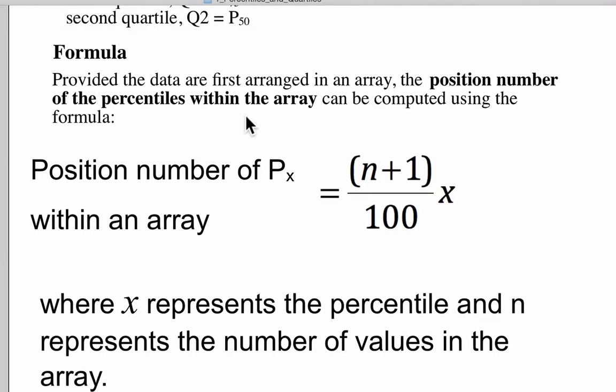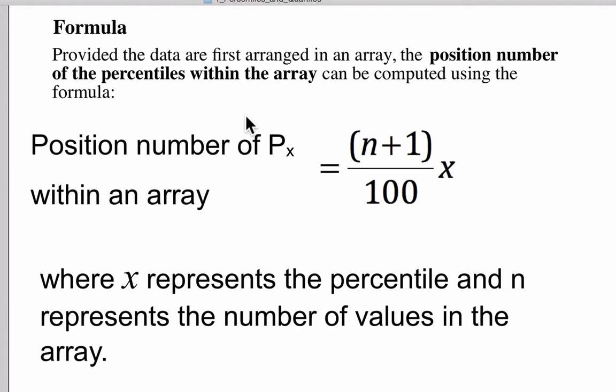Now, as far as calculating the position number of a particular percentile, if we order numbers in an array, we can use this formula to determine the position of a particular percentile.